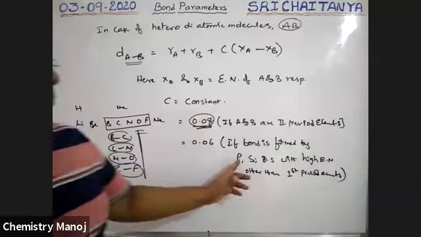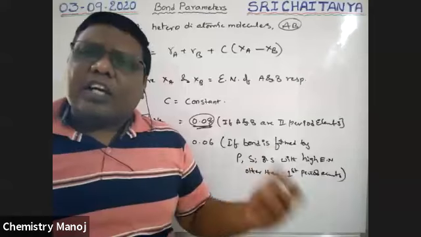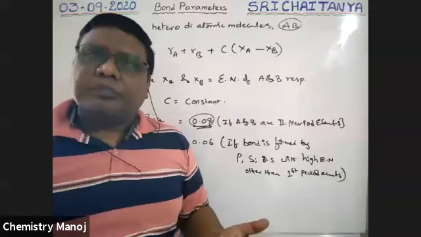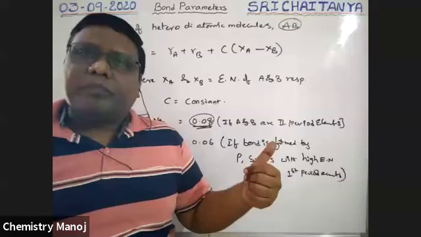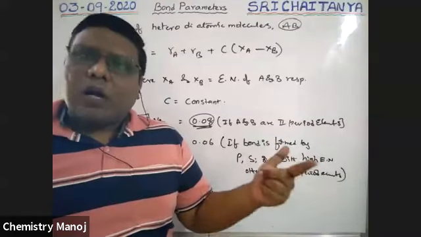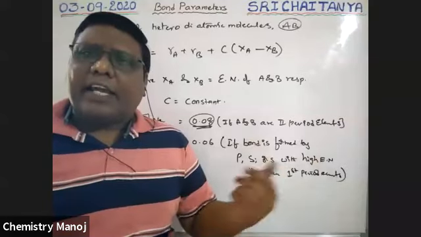That means phosphorus bonded with highly electronegative elements, or silicon bonded with highly electronegative elements. Generally, fluorine is the topmost electronegative element. Next, oxygen, then nitrogen, chlorine, bromine; halogens are generally highly electronegative elements.